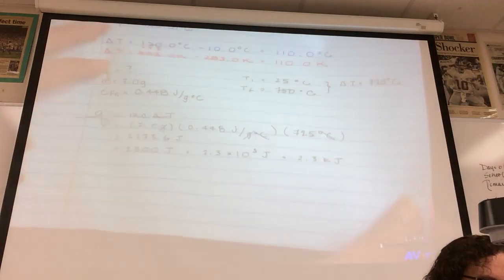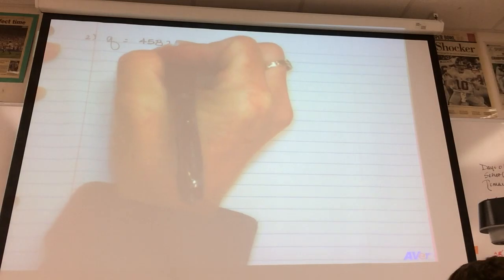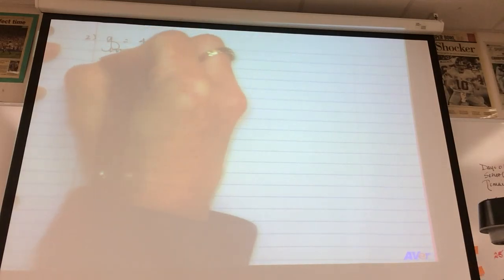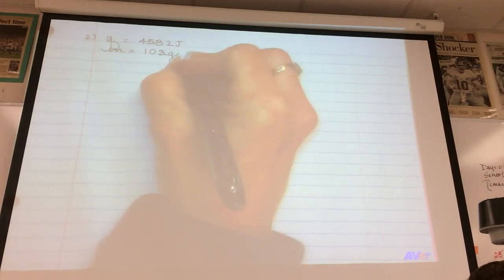So in this second problem, what we've got, the Q is 4,582 joules. The mass is 103 grams, and we've got copper.